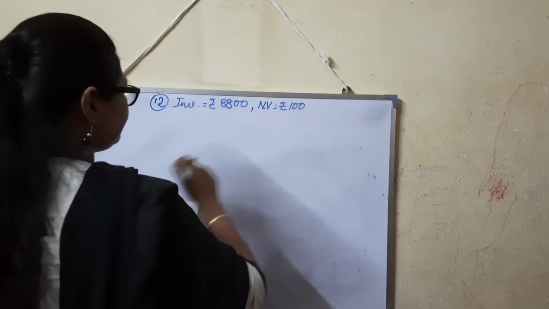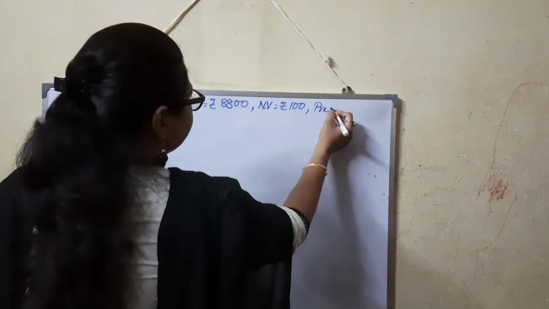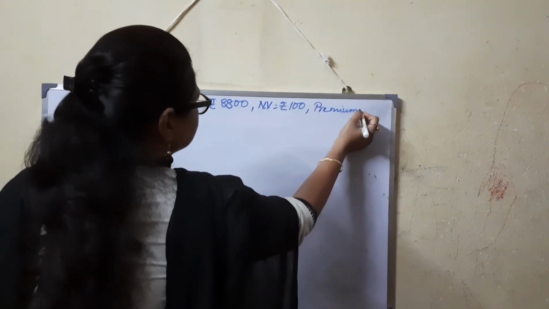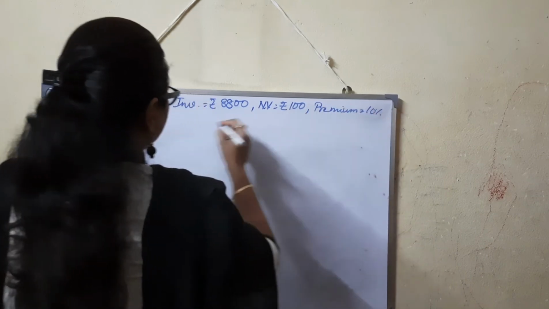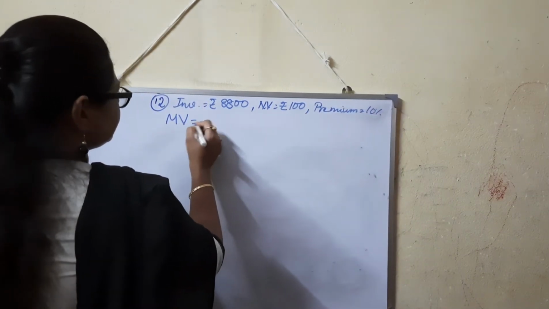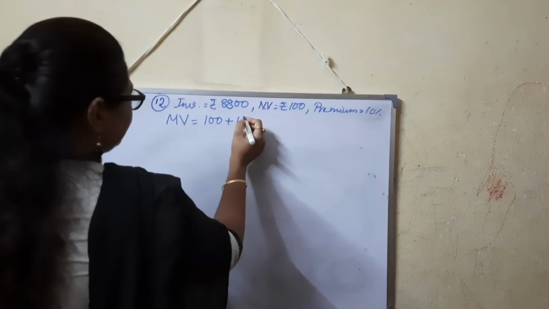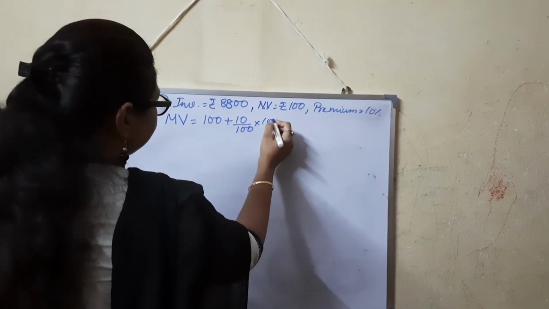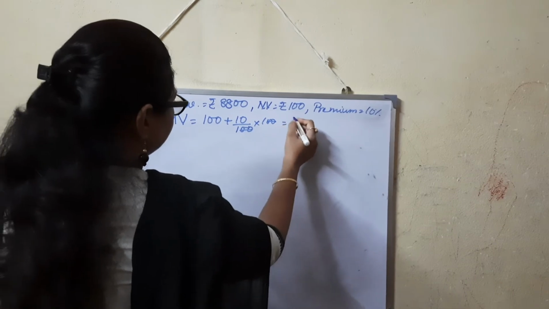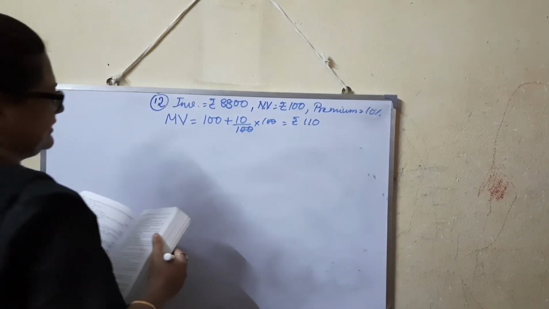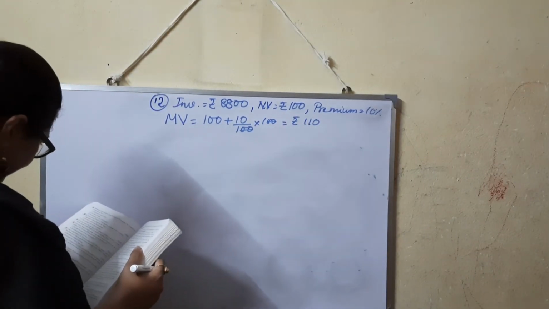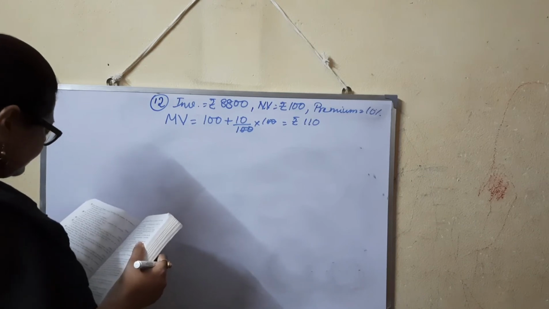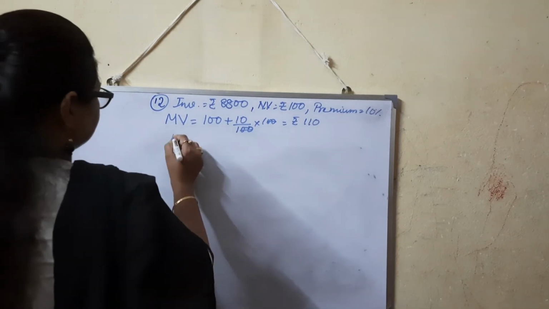Each at premium of 10%. So here premium is given to you. So what will be the market value if premium is 10%? 100 by 100 plus 10 into 100 by 100. So I get rupees 110.